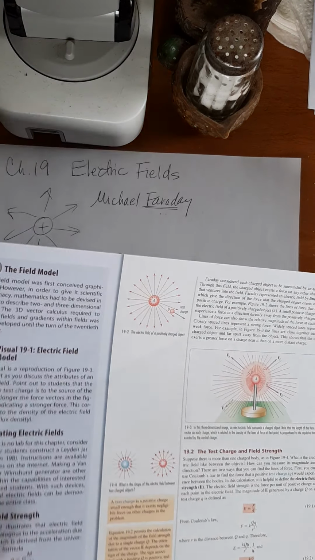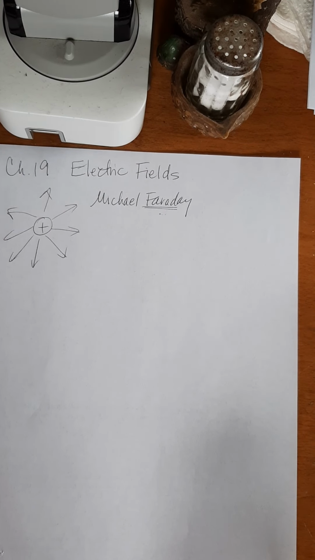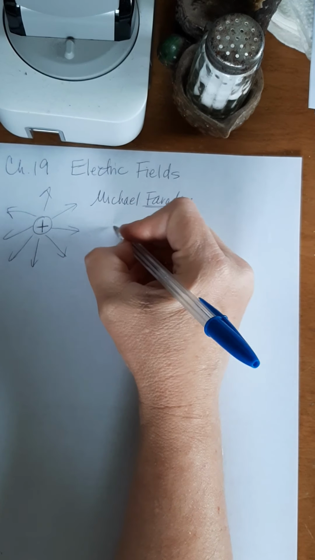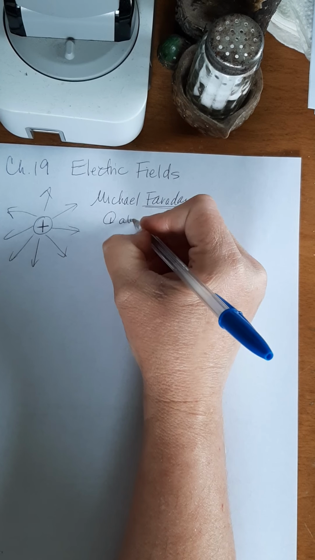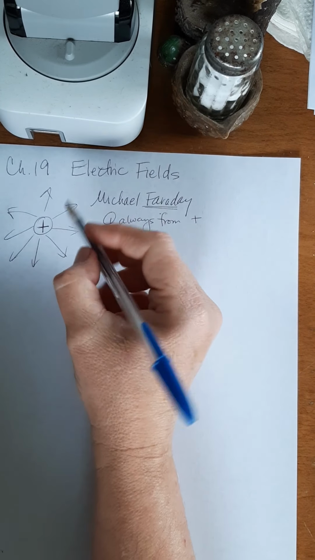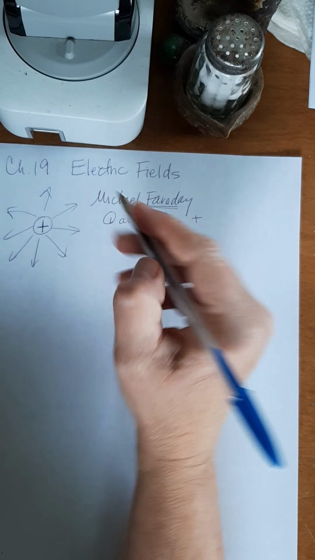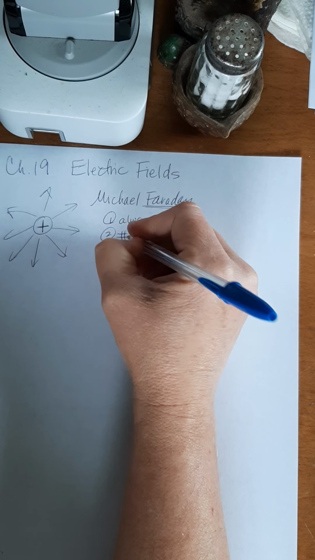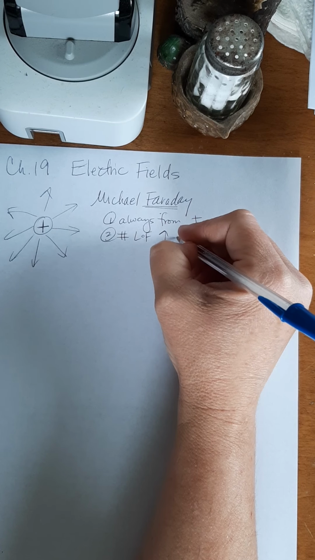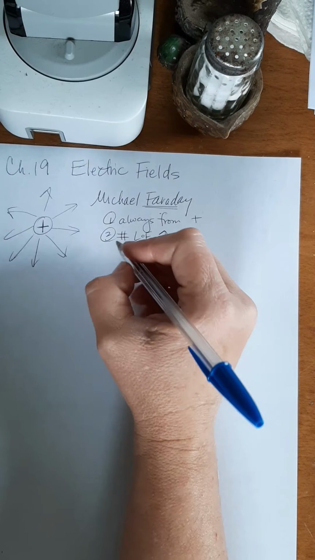And like I said, he just did lots of experiments with them. Now, there's actually 4 characteristics of lines of force, in no particular order. They always come from a positive. Another thing that has to do with them is the number of lines of force, L of F. The higher, the stronger it is.